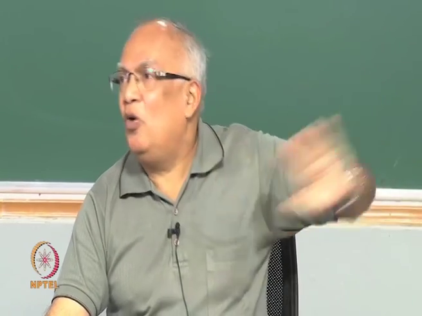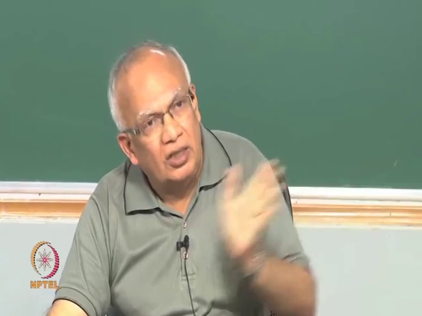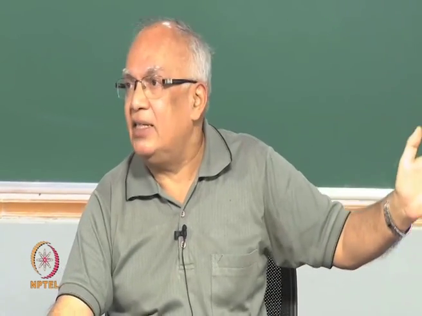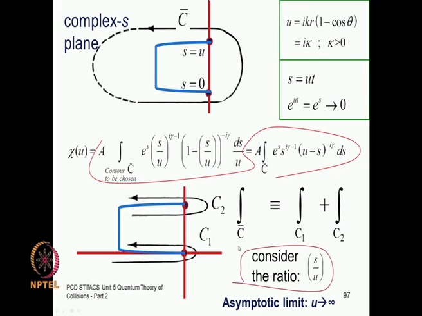So, let it go all the way to the infinite distance along the real s axis in the negative direction. These are the two contours that we will choose. We will take the sum of integrals over the contours C1 and C2. C1 is this and C2 is this.